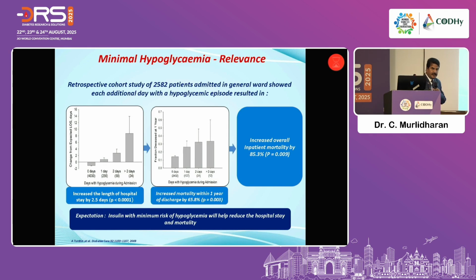So we need to choose the therapy, choose the insulin, probably modern analog insulins, to minimize the risk of hypoglycemia, because even a single episode of hypoglycemia is associated with a lot of cardiovascular adverse outcomes, and there is a risk of mortality within one year of the discharge. One episode of hypoglycemia also increases the hospital stay and everything.